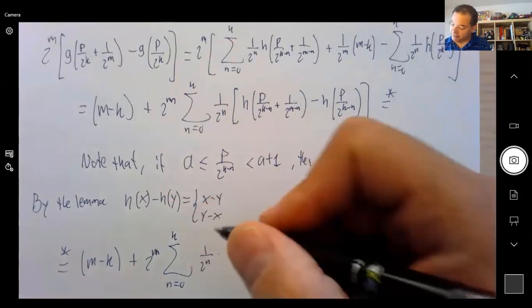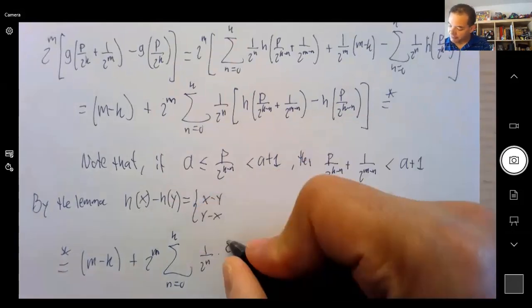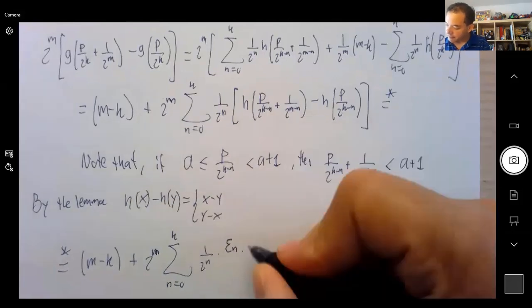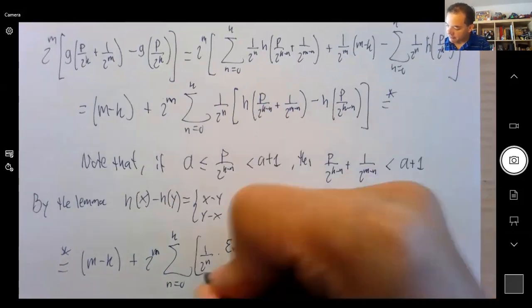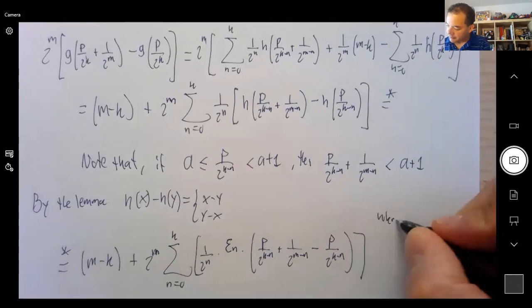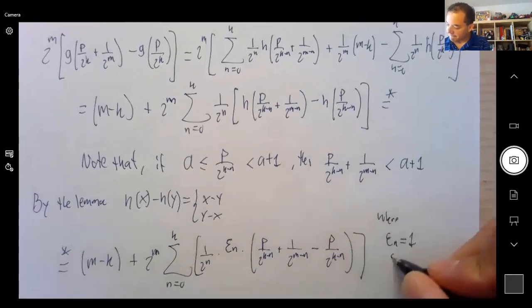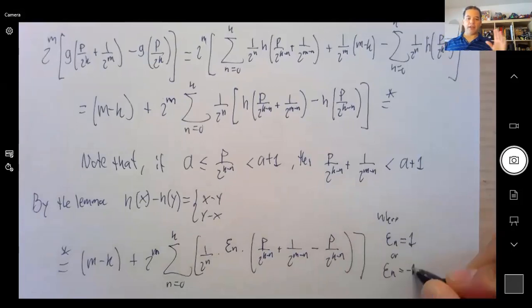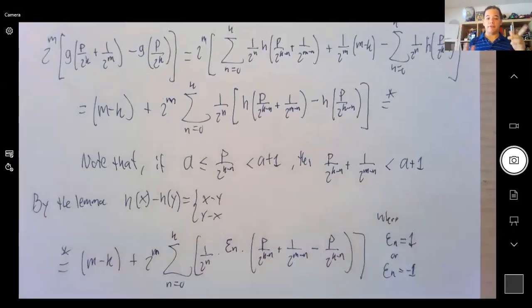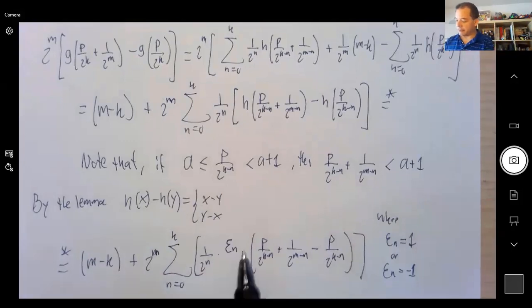And the way I'm going to write that plus or minus is I'm going to write an epsilon n, and then it's going to be this minus that, where epsilon n is either 1 or -1, right? So sometimes it stays the same, sometimes it flips, like we did over here. So it's either +1 or -1. So that's why I put this epsilon.